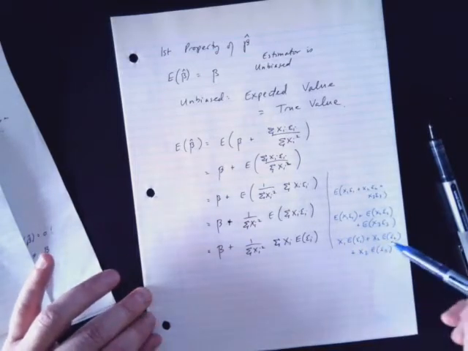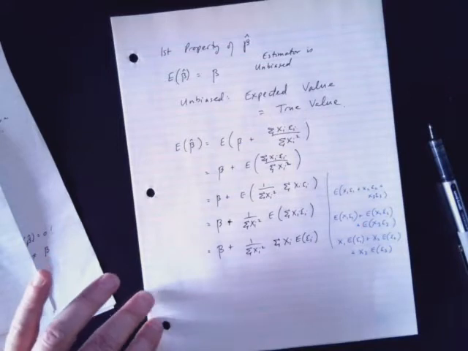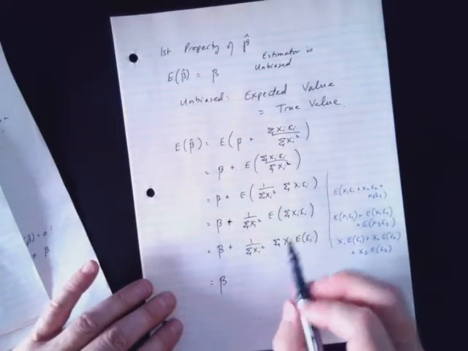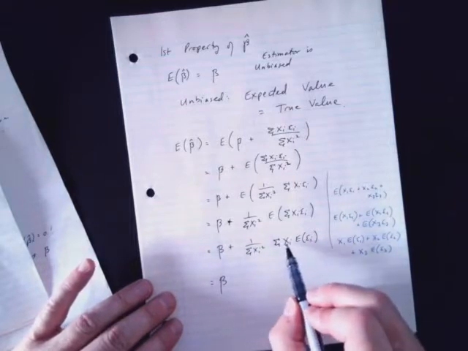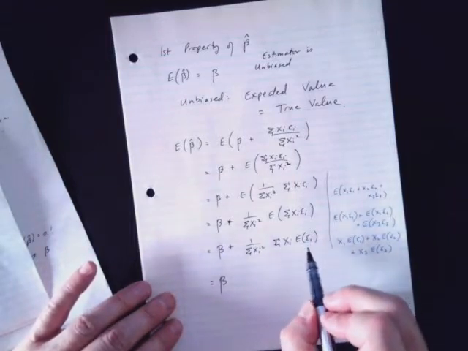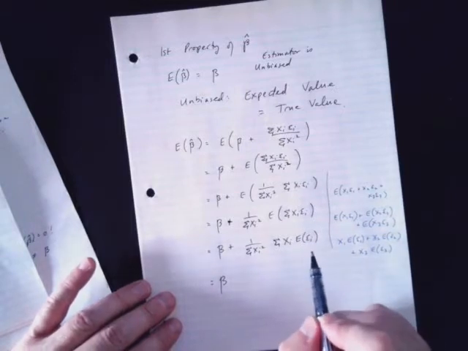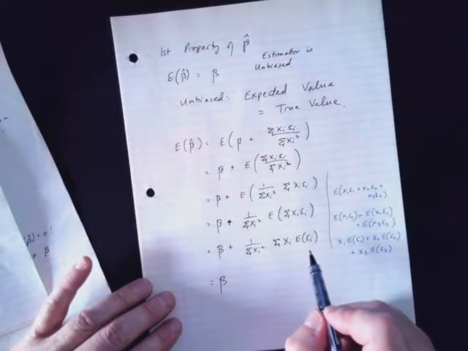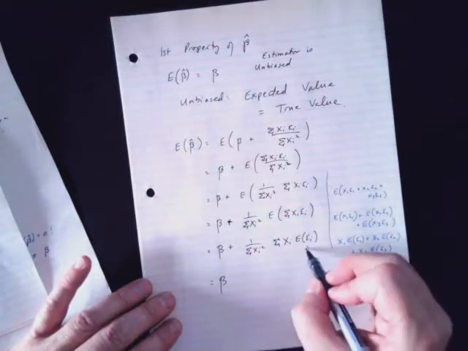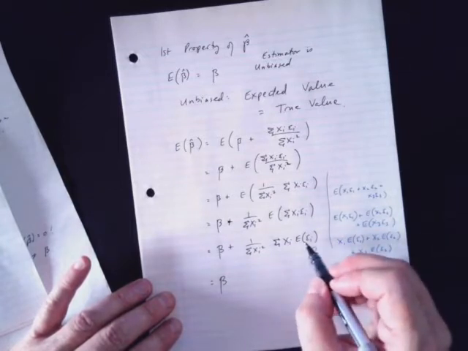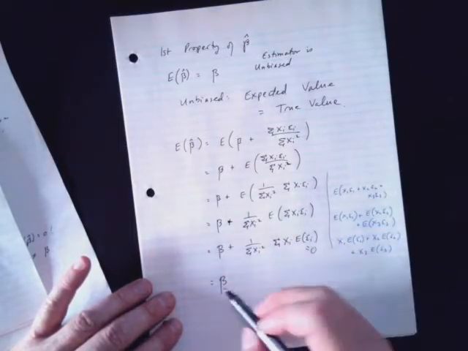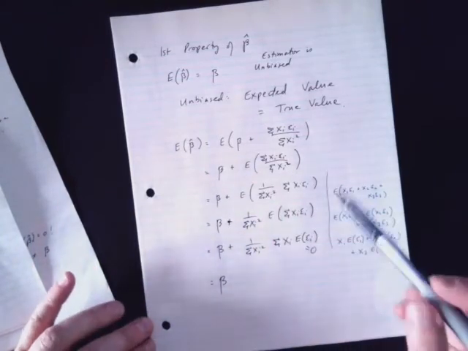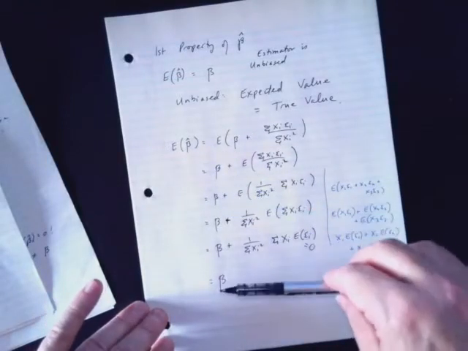And you should be able to see why we can write that using the summation term. Okay, so what have we got here? We've got constant terms times the sum of x times the expected value of epsilon. But remember from last time, the property of epsilon, according to the classical assumption, is that this equals 0. So the summation equals 0, this whole thing equals 0, so we're just left with beta. And we get the result. So the expected value of beta hat equals beta.